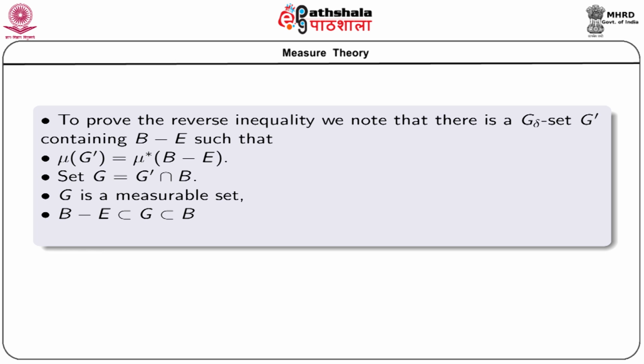Now, see that B minus E is a subset of G, which is a subset of B, and consequently again by the monotonicity of Lebesgue outer measure, we have μ of G, which is actually equal to μ upper star G, is equal to μ upper star (B minus E).